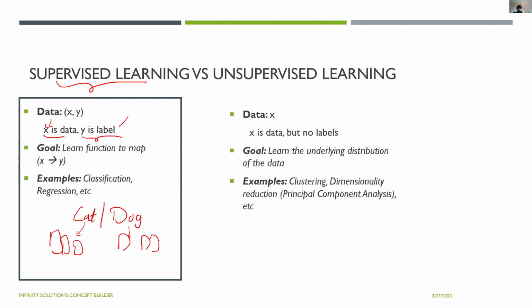So we already know and our model knows which is the cat image and which is a dog image. We already know the labels or the classes. In that scenario, the goal is to learn the mapping from X to Y. So we use some CNN or some machine learning model to classify these images.